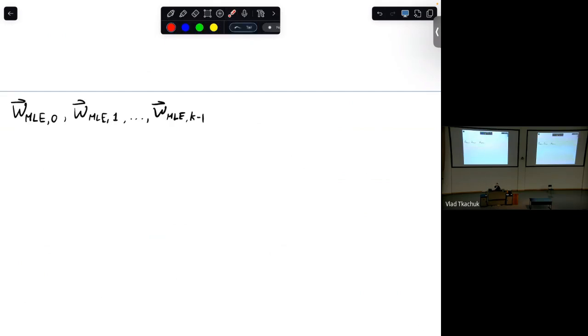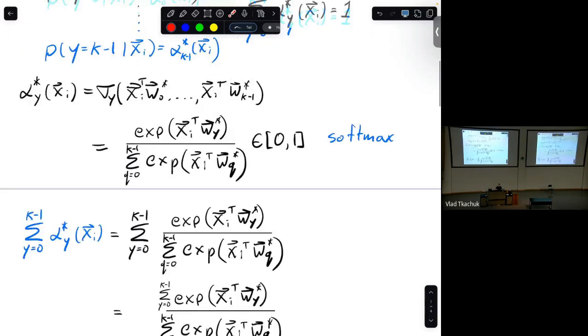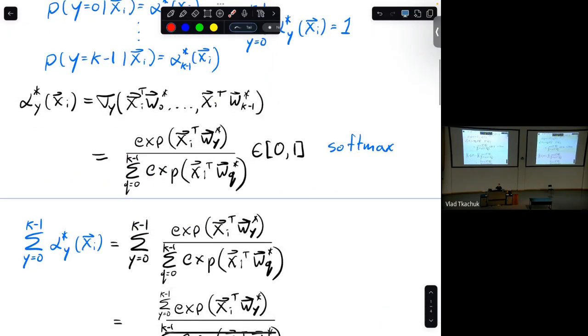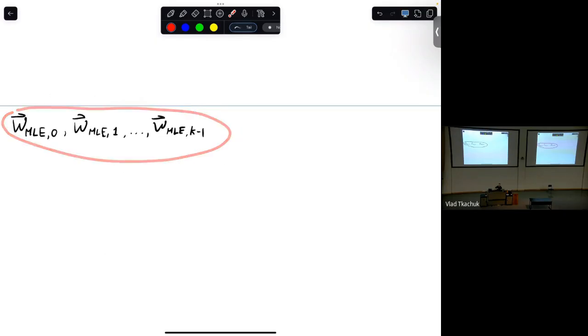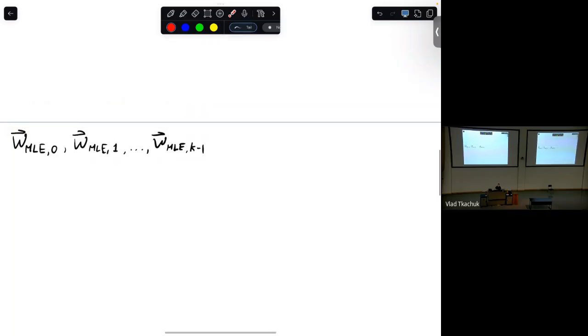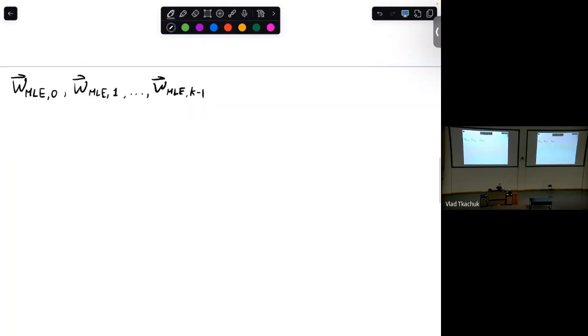Okay, so we end up having to solve k of these problems. Another way to view this is that this is just some giant vector that's all these stacked together, and you solve for it once. Okay, so let's just work through the steps, and then we'll see what I mean.